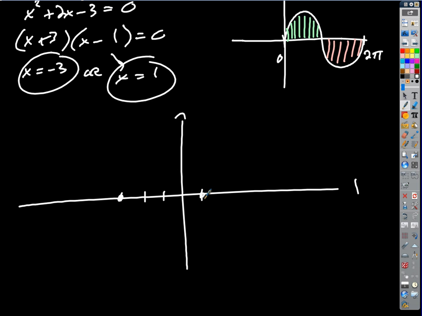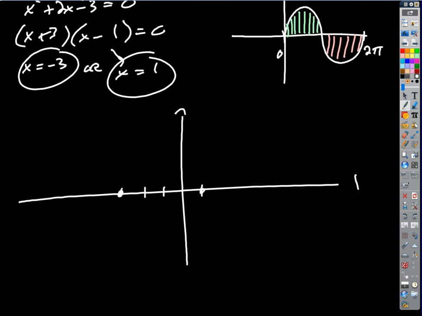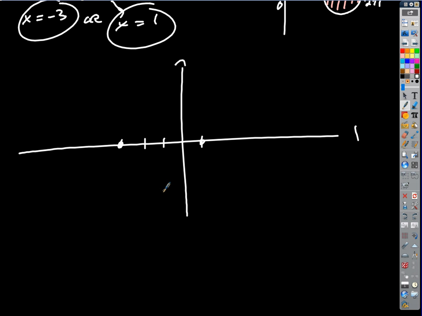And then, is this parabola going to open up or down? We can see that because a is positive, it's opening up, right? So we know this one's going to look like that.